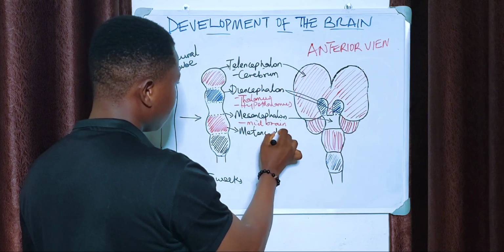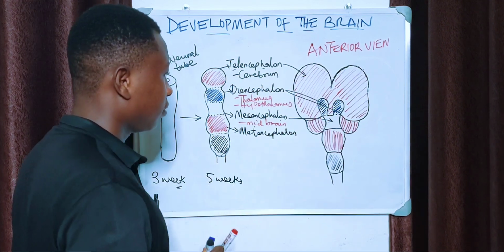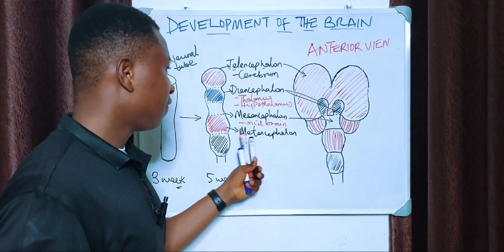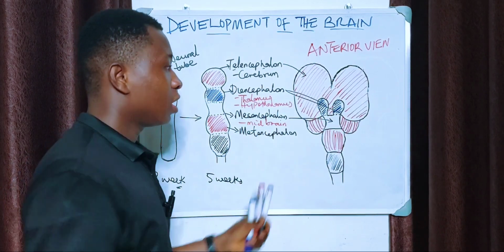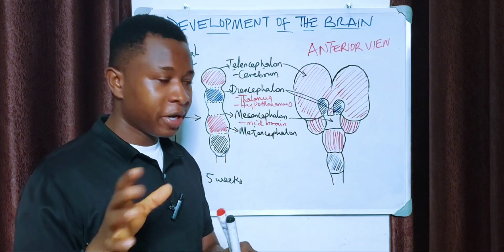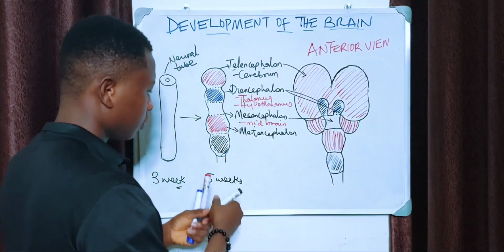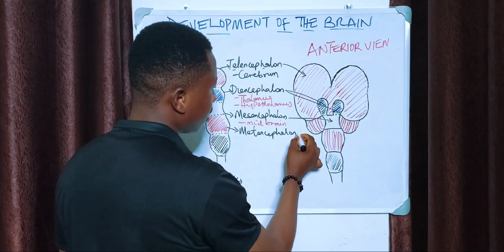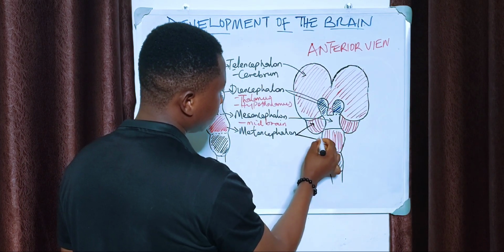Okay. Now, looking at the next portion, this is called the metencephalon. Met stands for behind. So these are just structures that are formed behind the brain, and they differentiate to form two major structures, which are these and these.